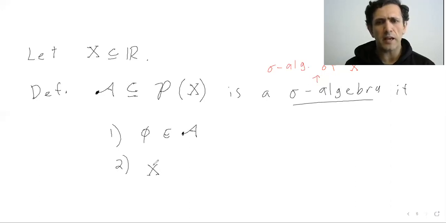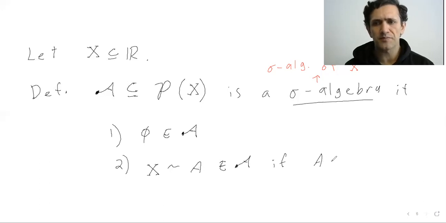If we have an A in script A, then I want X take away A to be in script A. This is the complement of A in X. I'm just using this tilde because the book does, and I'm going to try to stick with the book's notation, but this is just the ordinary complement. It's all the stuff in X that's not in A.